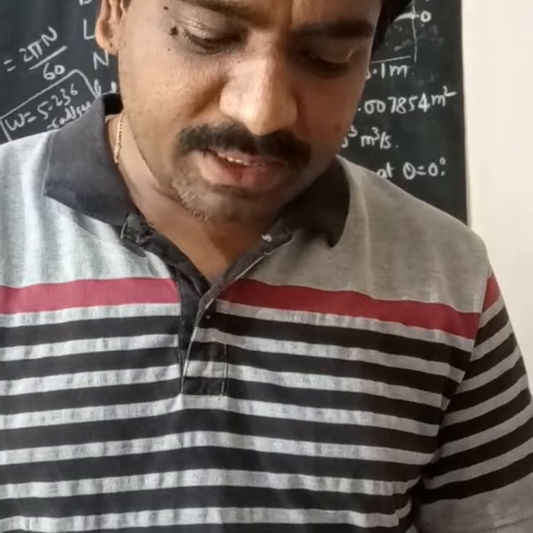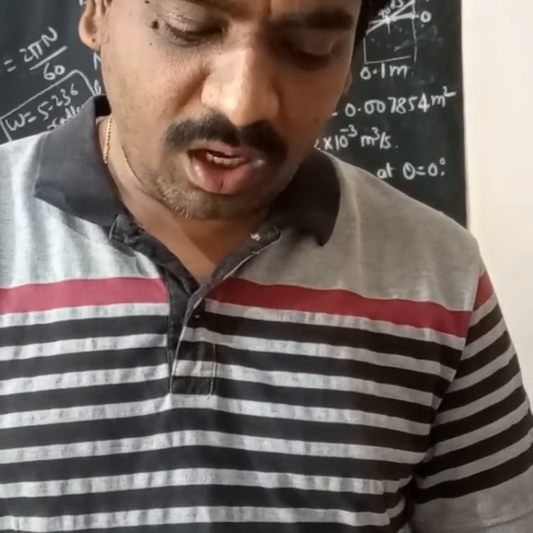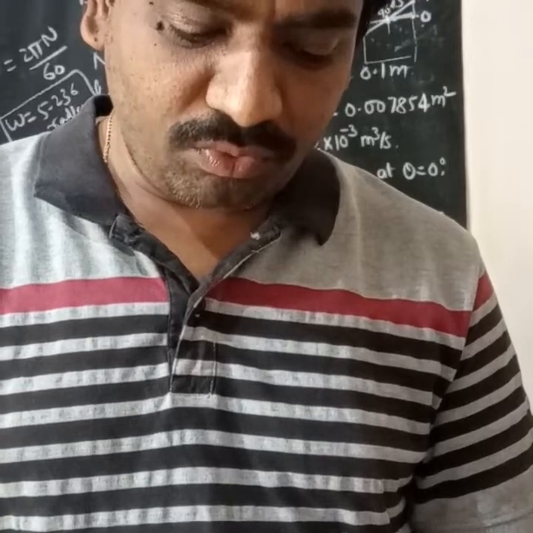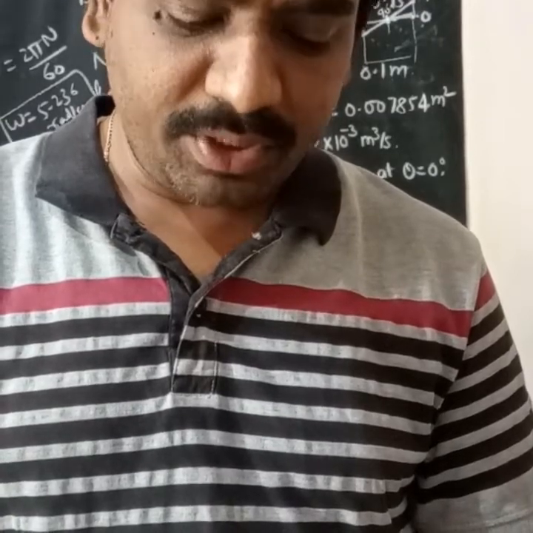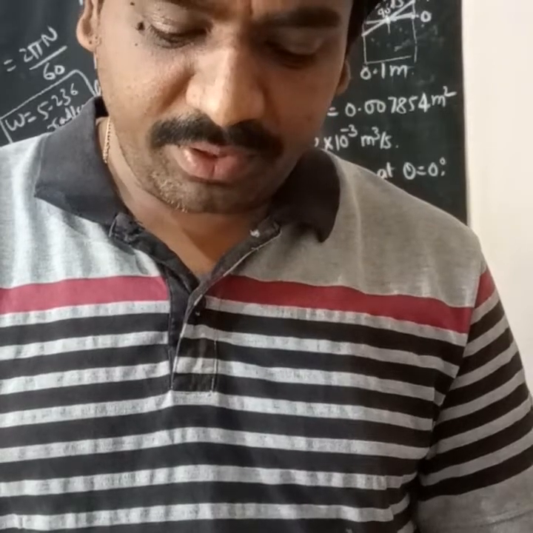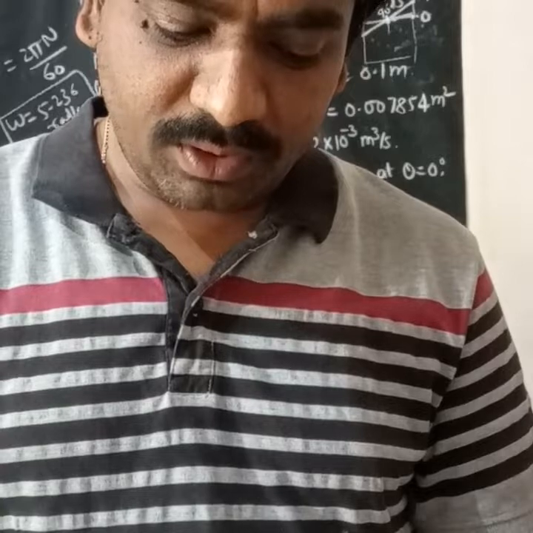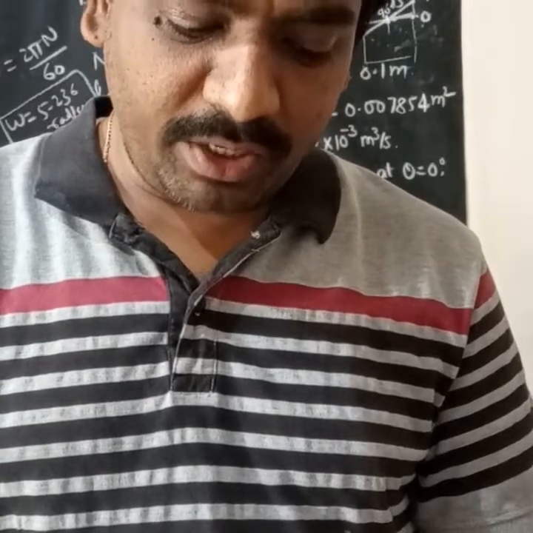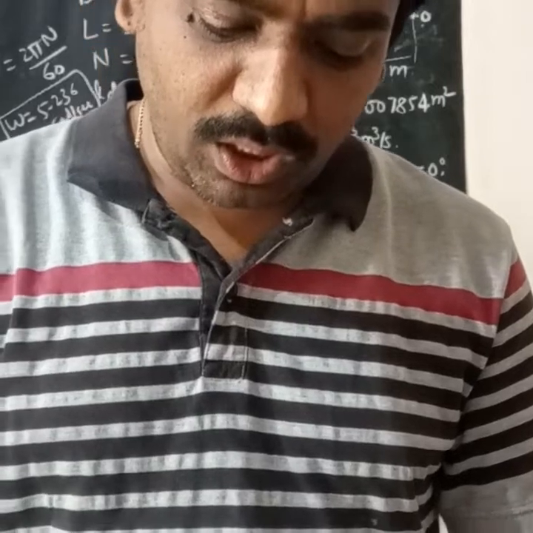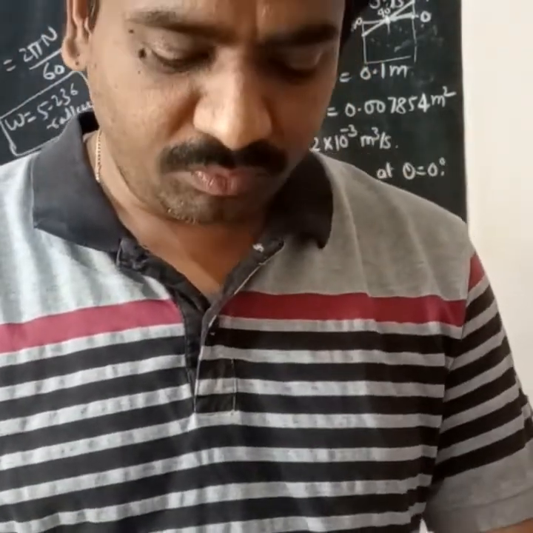The pump has a plunger of diameter 15 centimeter and a stroke length of 35 centimeter. The center of the pump is 3 meter above the water surface in the pump, and the atmospheric pressure head is 10.3 meters of water, and the pump is running at 35 rpm.